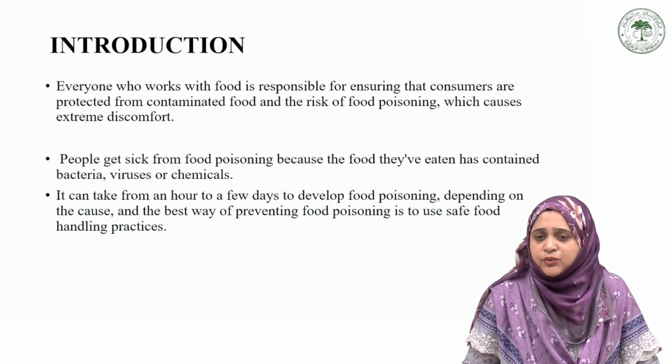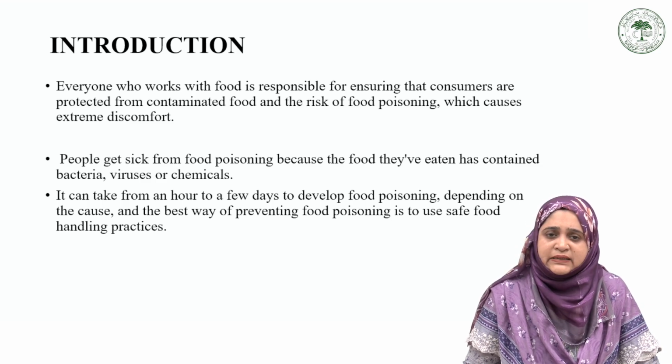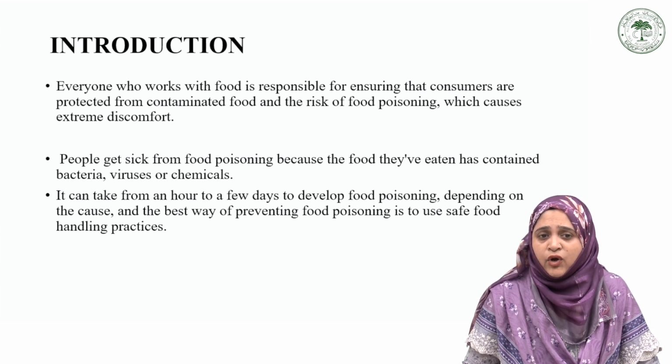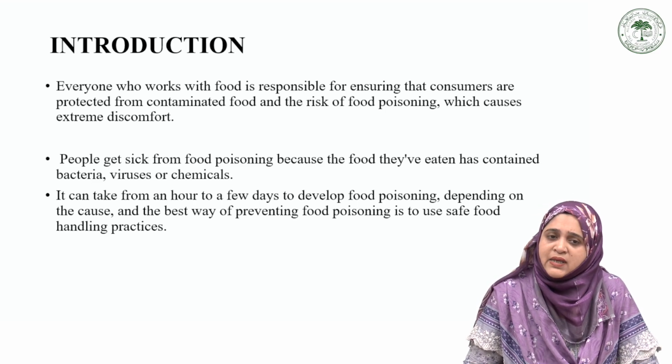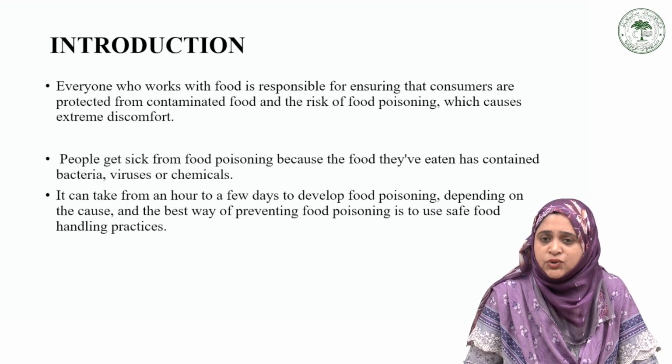People get sick from food poisoning because the food they have eaten has contained bacteria, viruses, or chemicals. It can take from an hour to a few days to develop food poisoning, depending on the cause, and the best way of preventing food poisoning is to use safe food handling practices.